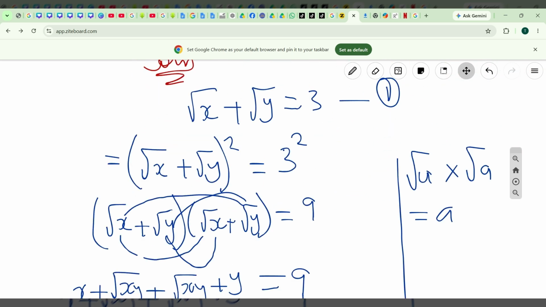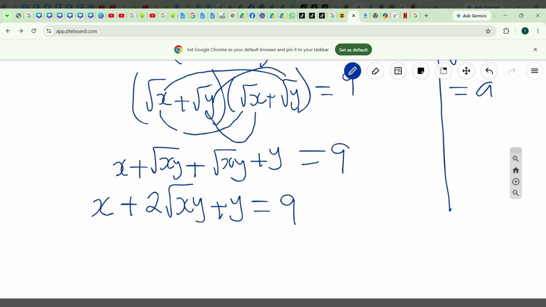We'll substitute it here. So just substitute 1 there. This becomes x plus 2 times the square root of 1 plus y is equal to 9.